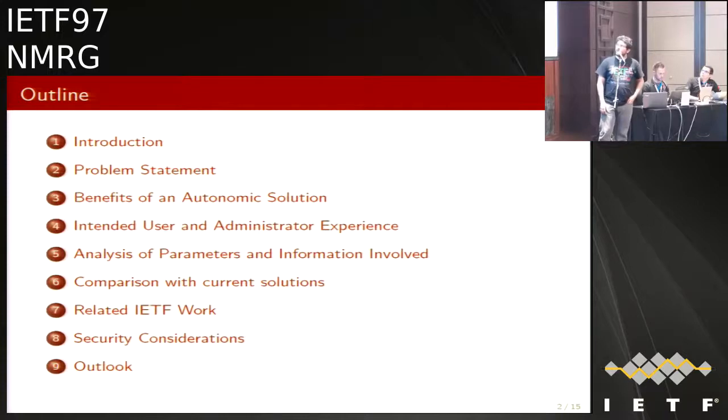After that, I'm going to talk about benefits of an autonomic solution, then the intended user and administrator experience for the use of our solution, the analysis of the parameters and information involved, the comparison with current solutions for the same problem, related IETF work, and some security considerations. My presentation is going to be finished with some outlook about the draft and some general considerations.